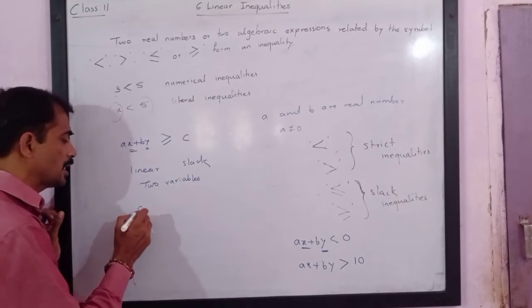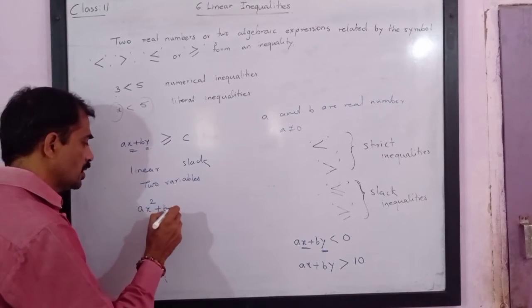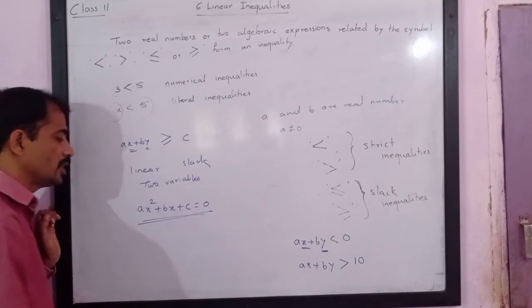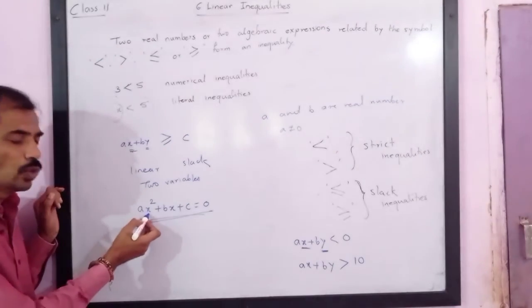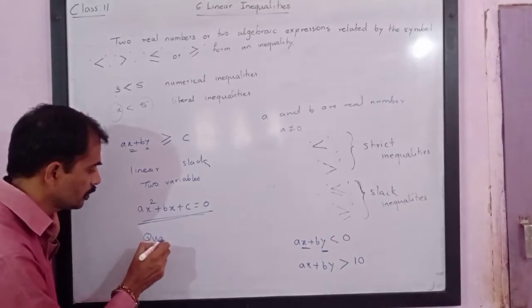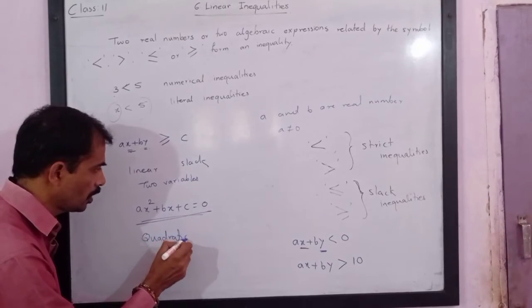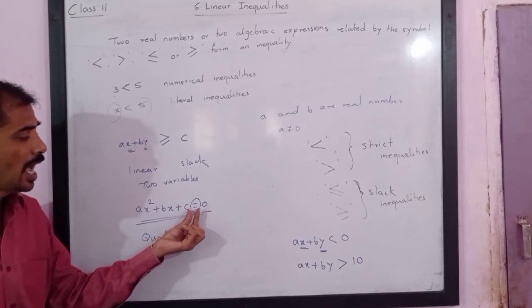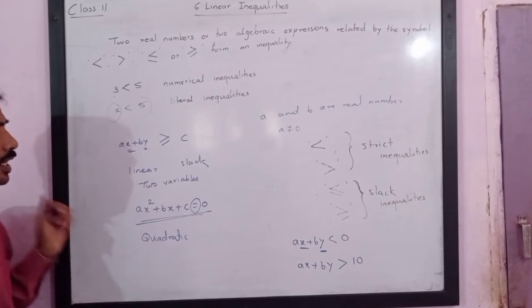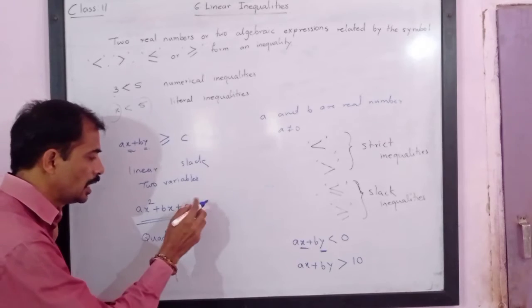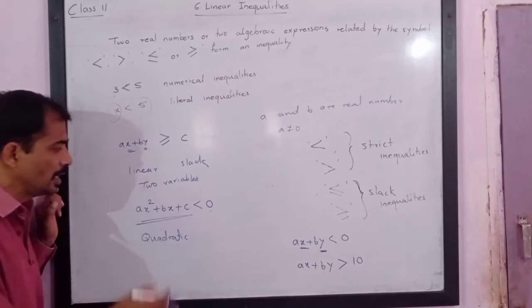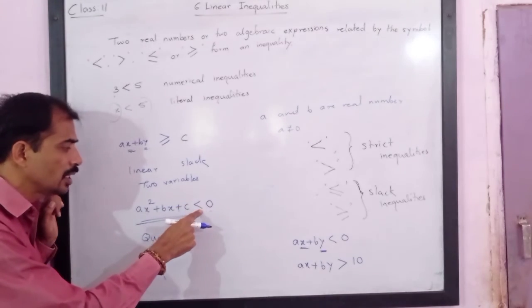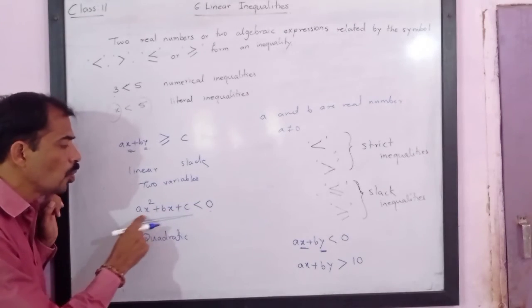Now if you take ax square plus bx plus c equals 0, please try to understand. Here the power of x is 2, so it is quadratic. It is equal, so it is not an inequality, it is an equation. If the symbol is less than 0, then this is a quadratic strict inequality in one variable.